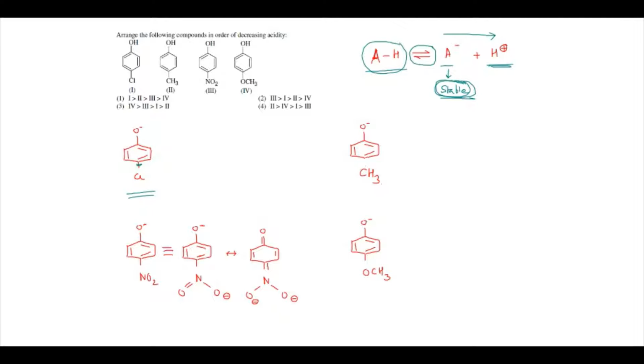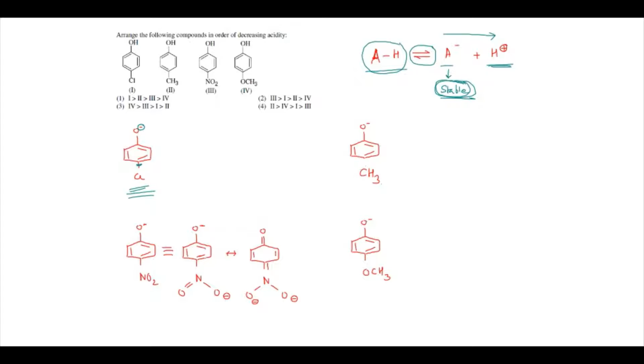That means the negative charge on this oxygen will be delocalized, but at a very minimum level, because chlorine will only delocalize the electron by minus I effect, which is not a very prominent kind of effect.